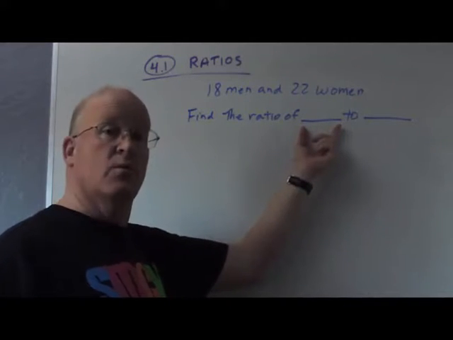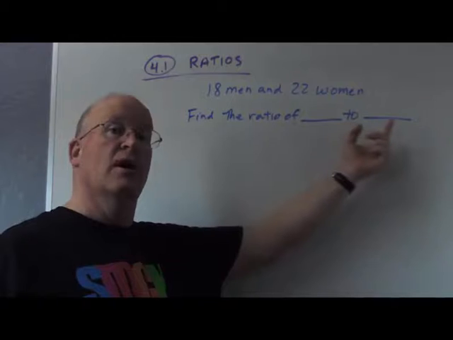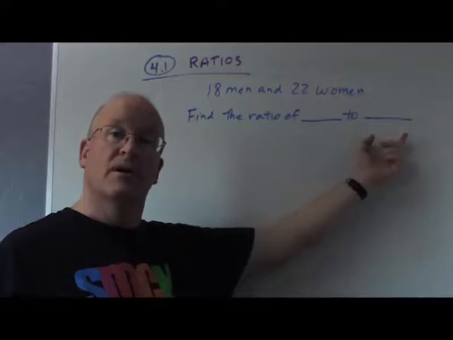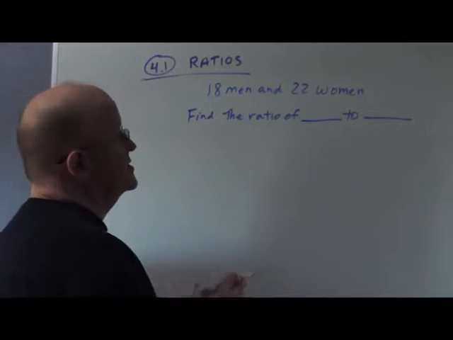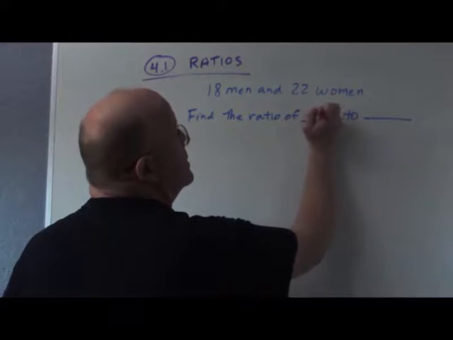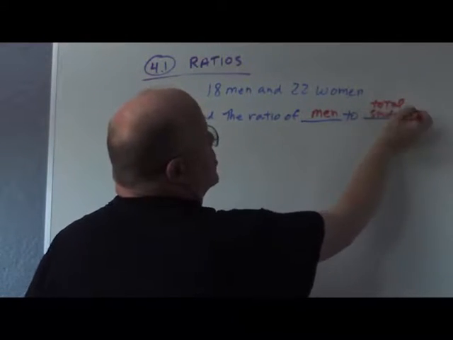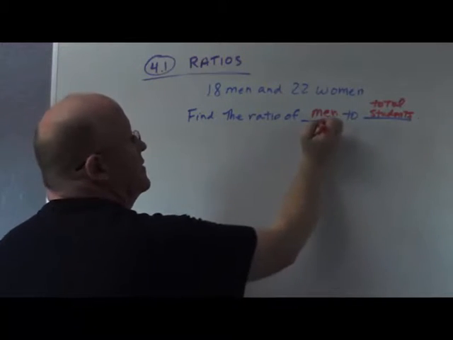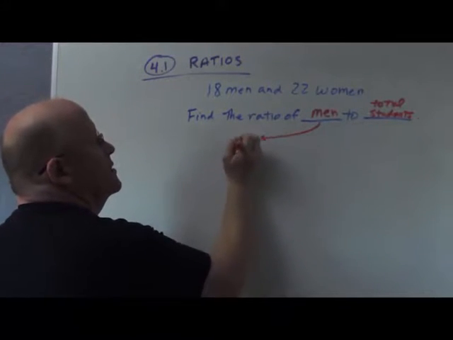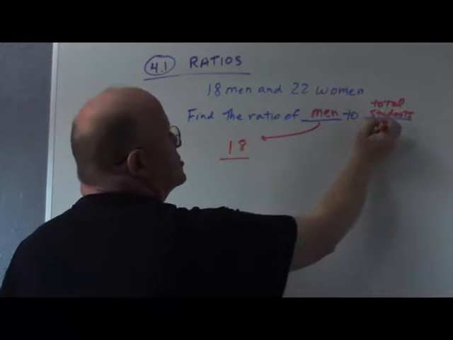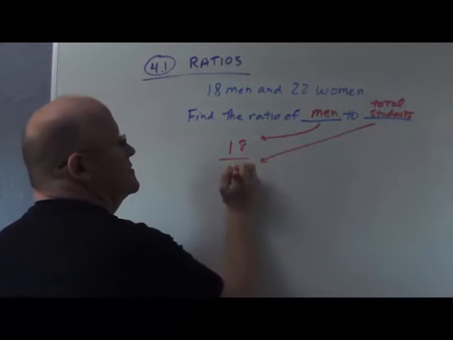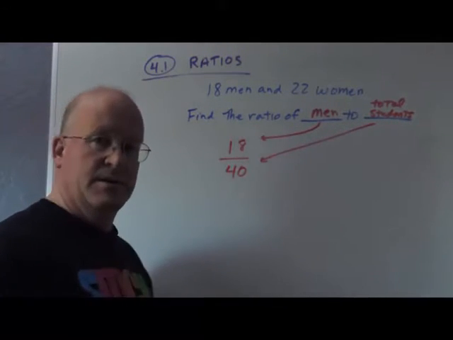The first thing will be our numerator of our ratio, and the second portion will be our denominator. I want to find, in this case, the ratio of men to total students. Well, in this case, as I said, the men will go in the numerator, 18, and the total students, we already said, adds up to 40. That will go in the denominator.